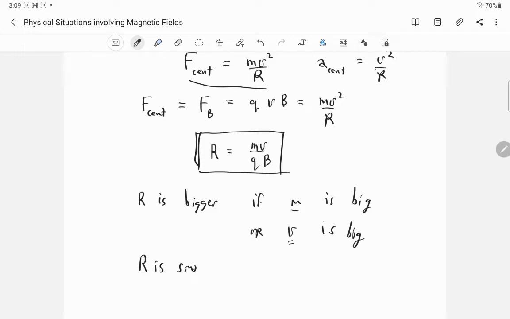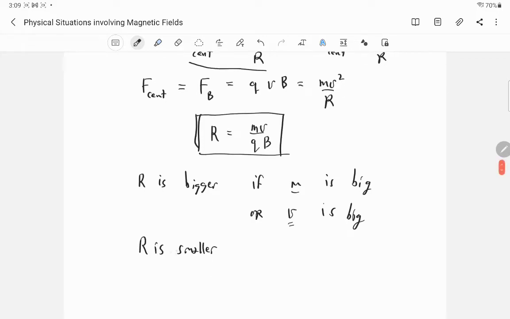But R is smaller. That is, you get a much tighter radius circle if you have more charge or if the magnetic field is stronger. And that makes sense as well.